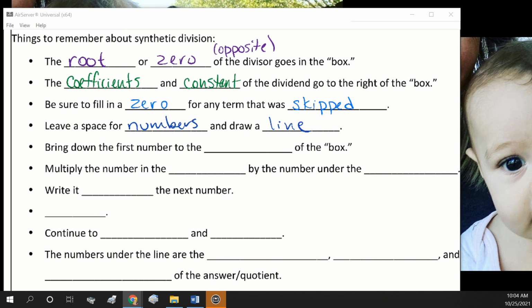Right, and then we bring down the first number to the right of the box. So the first coefficient you bring down, and then you multiply the number in the box by the number under the line.